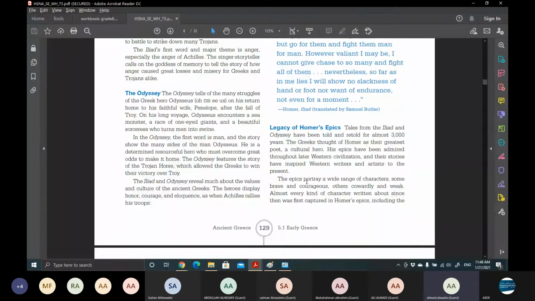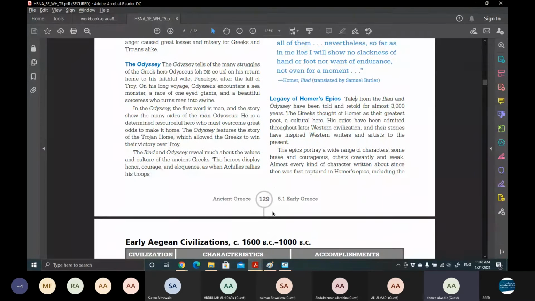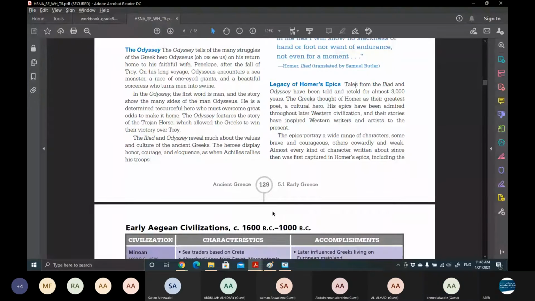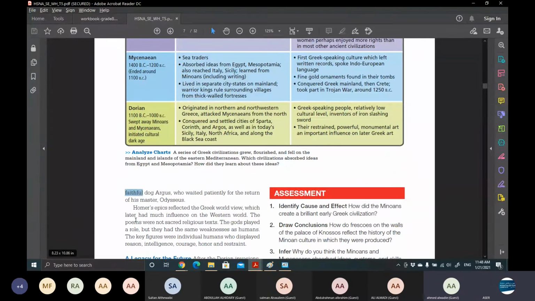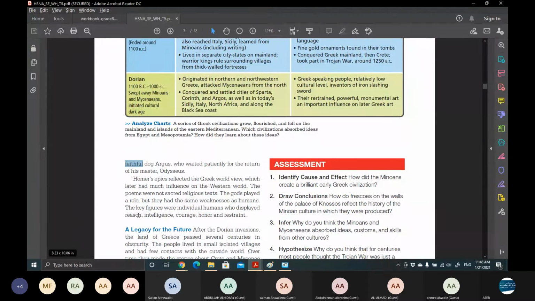The epics portray a wide range of characters, some brave and courageous, others cowardly and weak. Almost every kind of character written about since then was first captured in Homer's epics, including the faithful dog Argus, who waited patiently for the return of his master Ulysses.